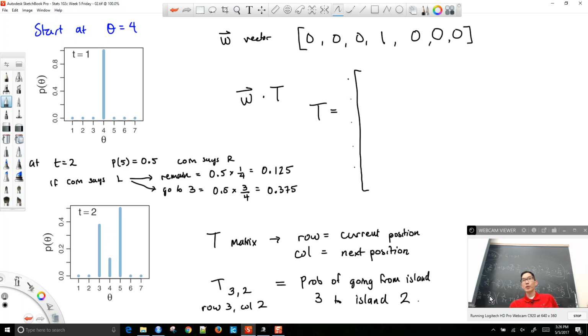So each spot represents, if I'm currently at this island, what's the probability I end up going to the next island? If I'm currently at island 3, what's the probability I go to island 2?